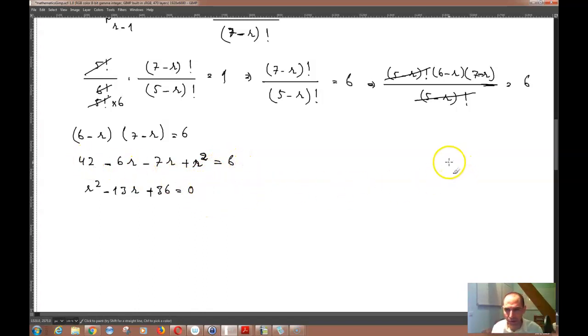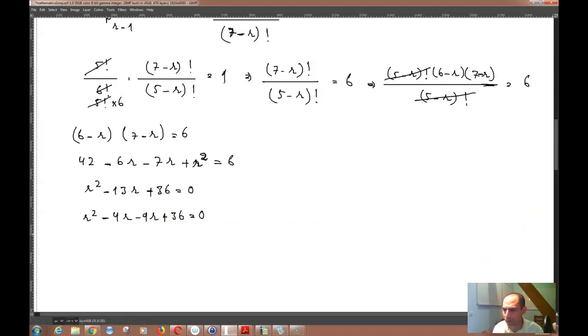Okay. Now 36 is 2 times 18, it's 2 times 9. So 4 times 9 is equal to 36. Now if I write negative 4 and negative 9, that's negative 13, and the product of them would be positive 36. So I write r squared minus 4r minus 9r plus 36 is equal to 0.